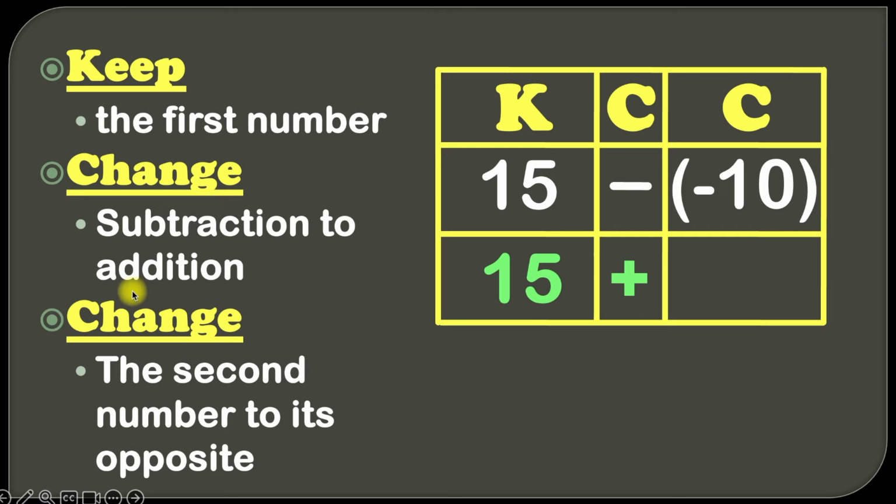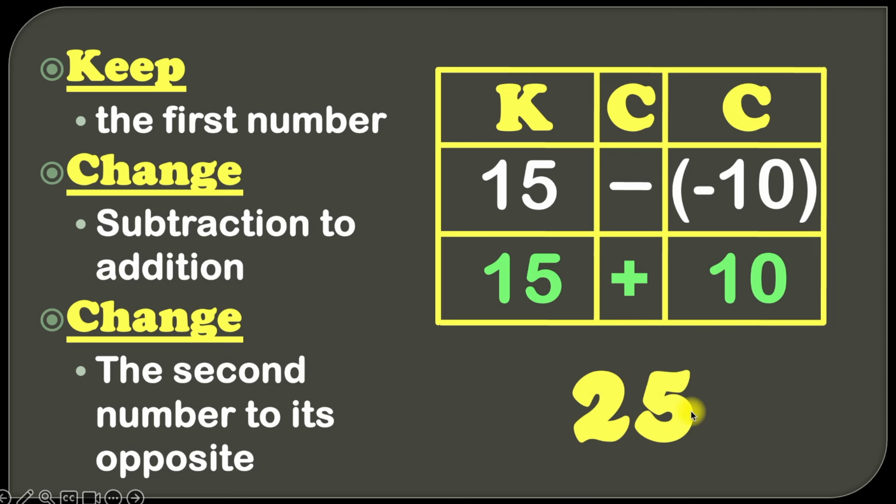And finally, this second C stands for change. And we're going to change the second number to its opposite. So if this is negative 10, the opposite of negative 10 is positive 10. So now we're going to focus on this expression written in green. What's 15 plus 10? Well, that's 25, which is our final answer.